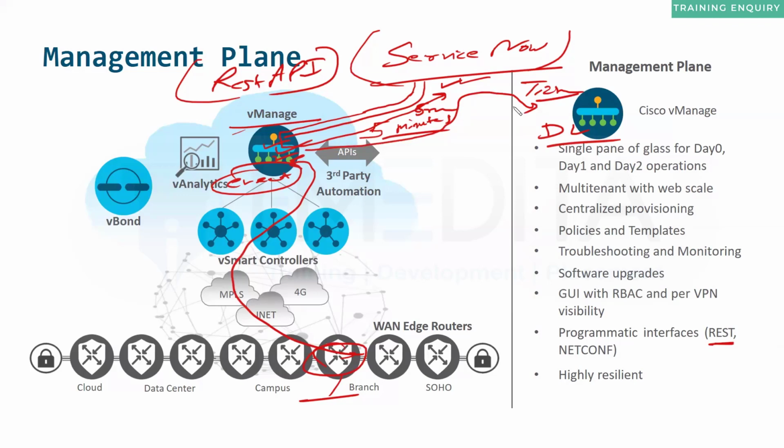So that kind of integration between ServiceNow, which is a third party tool again, a ticketing tool or monitoring tool, whatever you would like to call it, was integrated with vManage using REST API. So using REST API, you can integrate any of your third party app with your vManage. So REST API is supported by vManage.